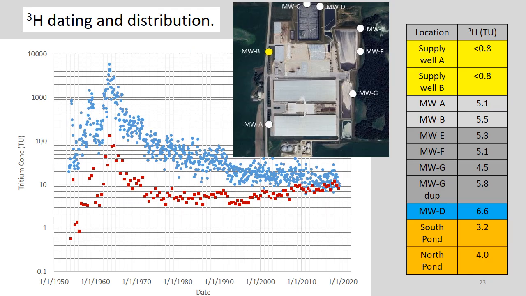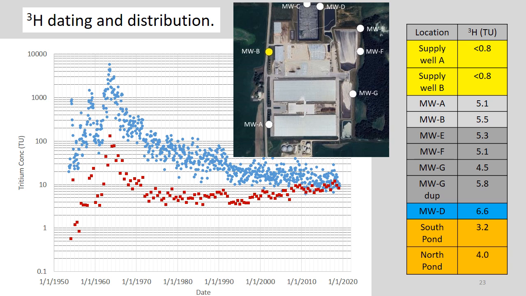And we looked at tritium. There were two supply wells on the site. They were hundreds of feet deep, and they're showing very old water, pre-1950-ish water. For the ponds, we tried to squeeze the manure to get water out. It was semi-successful. And we looked at these various wells. The one thing you can see here is that all of these wells are pretty much in the same range, about 4.5 to 5.8.